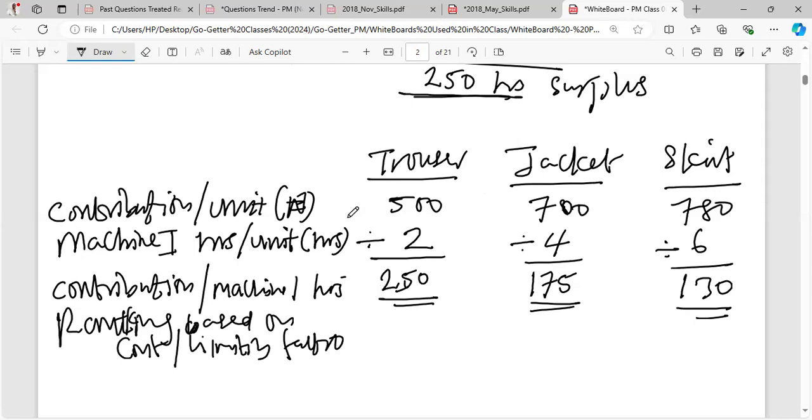But now the opposite is the case when we rank based on these last figures. So this will become first, this will become second, and this will become third. Our production plan is going to focus on trousers first. And when we have satisfied all of trousers, we enter jackets. And anywhere we can stop, that's fine. If we can satisfy all of trousers and jackets, that's fine. But we know that skirt will be severely limited.